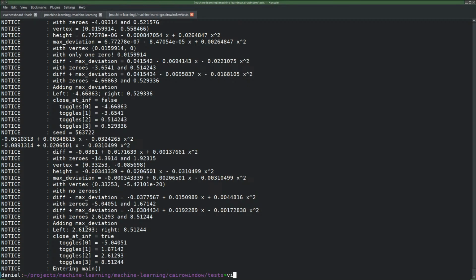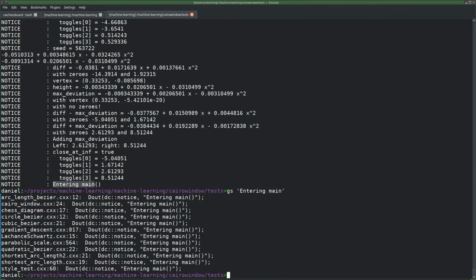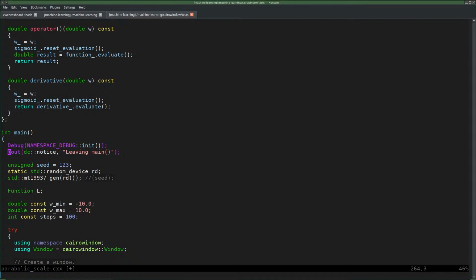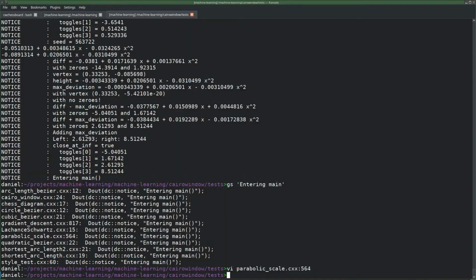Entering main. Okay, wait a minute. That's a serious bug. I have to fix this one. What kind of nonsense is that?